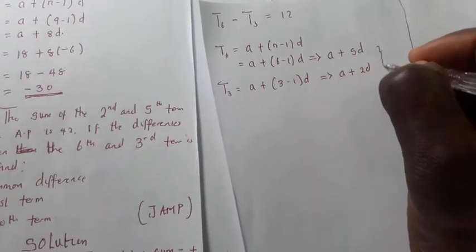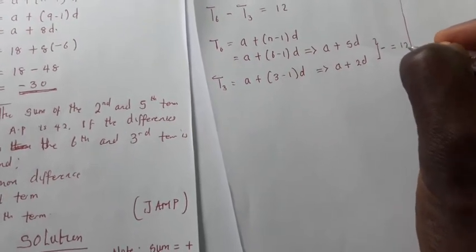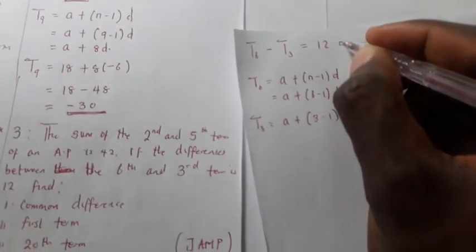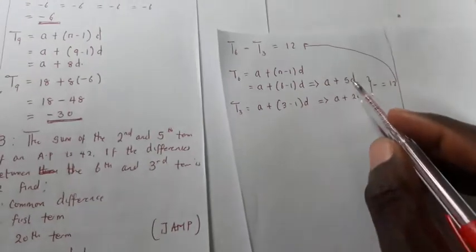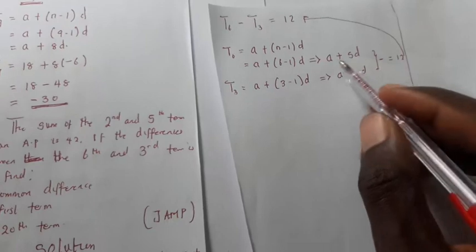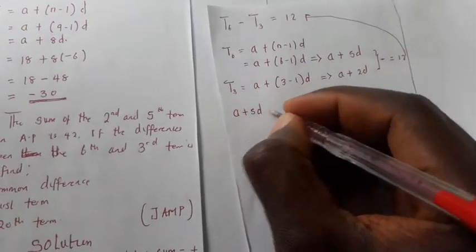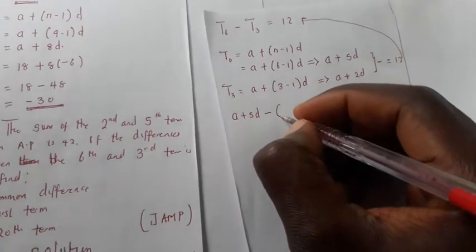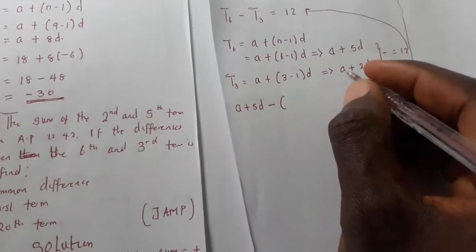Here they say we should get the difference, subtraction, and everything equals 12 based on this statement. So by subtraction, we subtract A plus 2D from A plus 5D. Here we have A plus 5D minus, and we put it in a bracket because we are dealing with a negative, and this is not only A, it is A plus 2D.